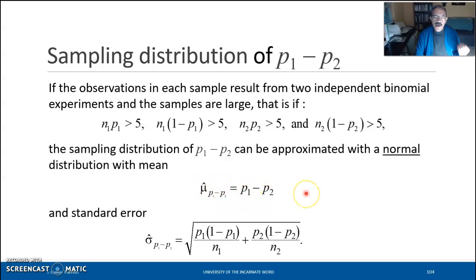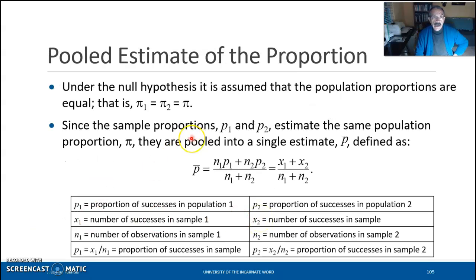Because we don't know the actual values of the population proportions, so we rely on the calculated values of the sample proportions. Similarly, the standard error of the sampling distribution of the difference of the proportions is estimated by using the sample proportions as shown here.